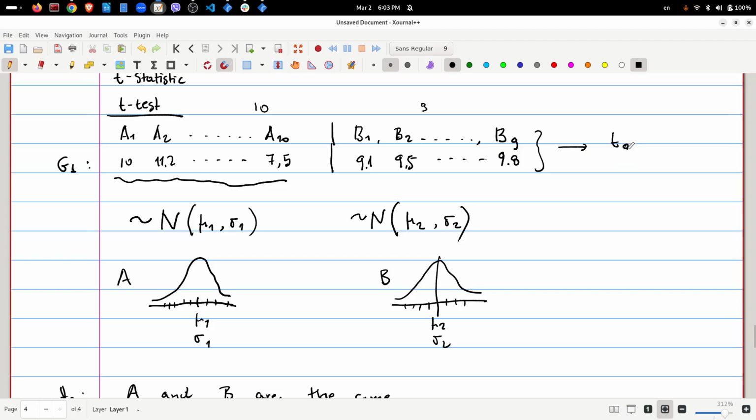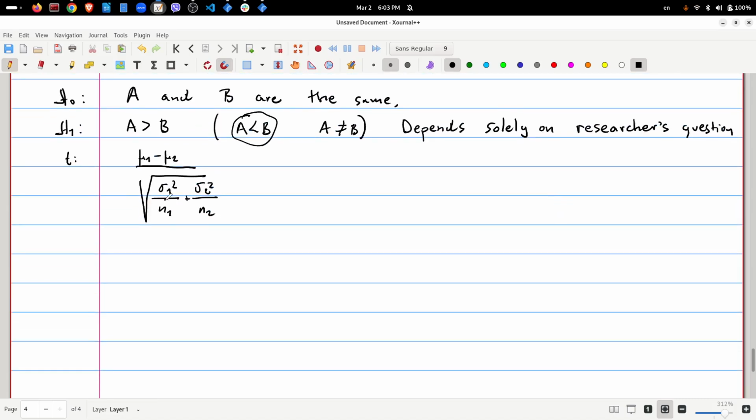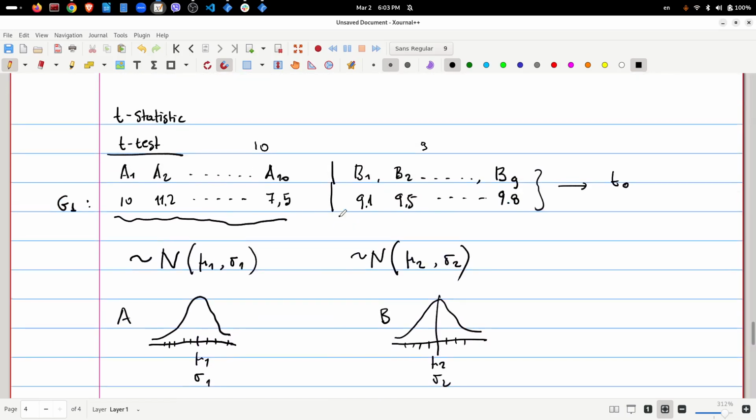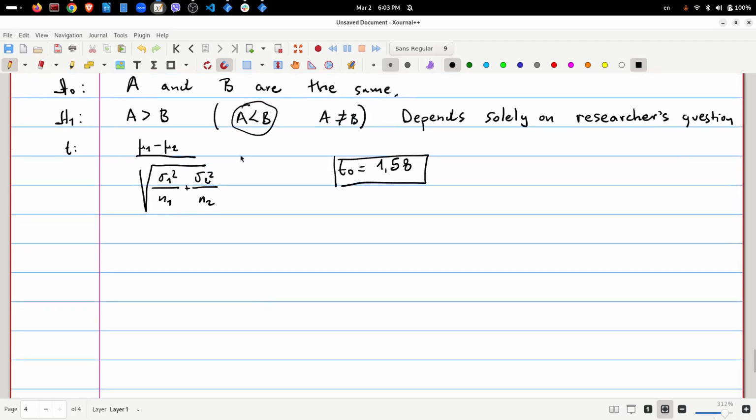Let's call it t0 value, T observation. So our t observation is, let's say, I will put a random number here, 1.58. So if I will use all these values and do the calculations according to this formula here, then I will get this number.